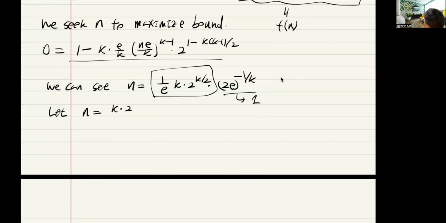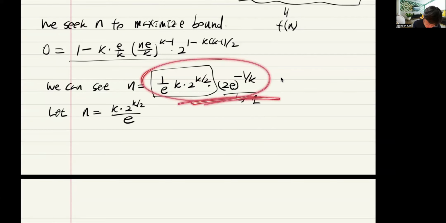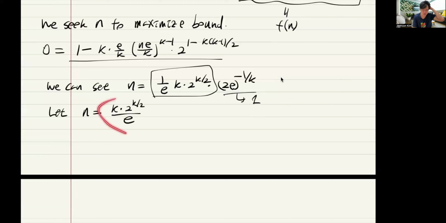So K times 2 to the K over 2 over e. Otherwise it makes the calculation more complicated, and it doesn't really give you a better bound. So it's enough to take this. Sometimes this kind of mathematical sloppiness helps to write your proof and get more intuition and more understanding.